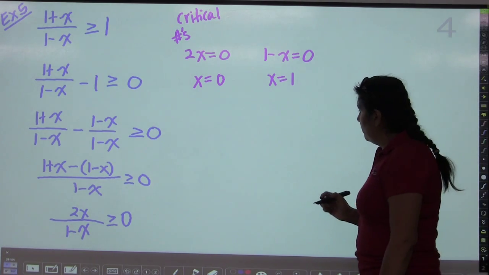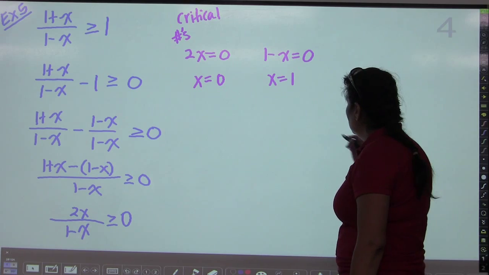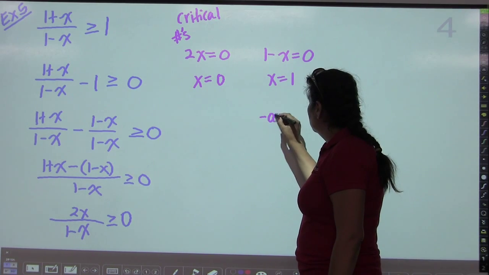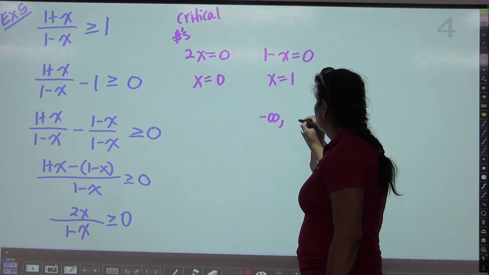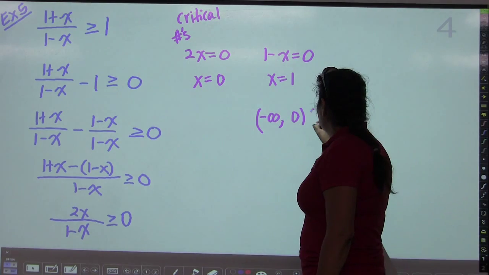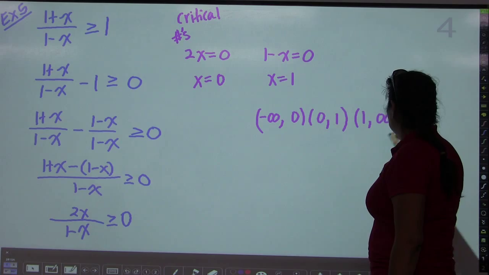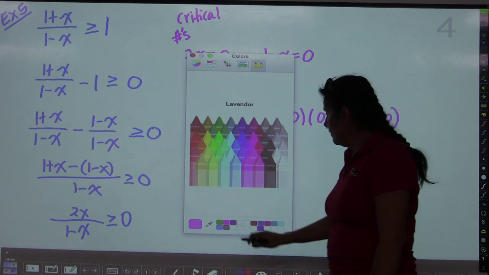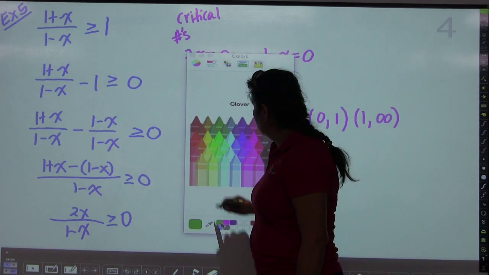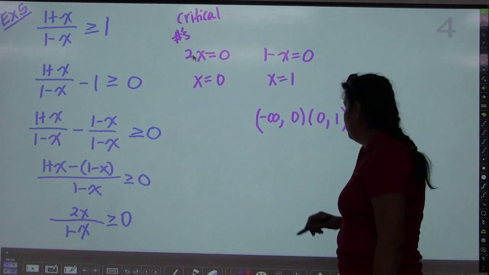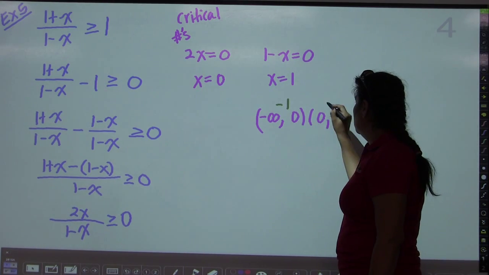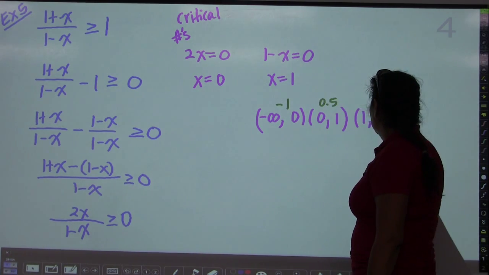So we get our chart going. We go from negative infinity to 0, and then from 0 to 1, and from 1 to positive infinity, right? We pick a representative. So here we'll do negative 1, 0.5, maybe a 2 over here.